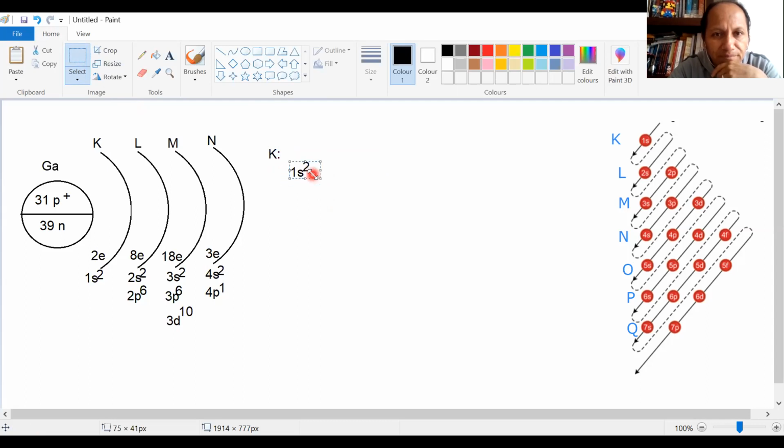You're going to draw a line there, and on the line, you're going to represent small arrows, okay? One arrow this way, and one arrow this way, because it says 2 electrons.